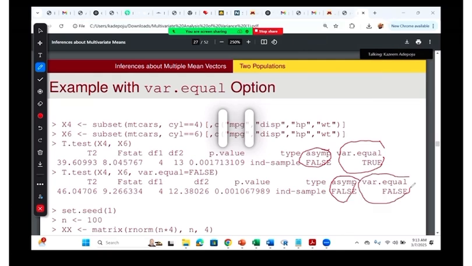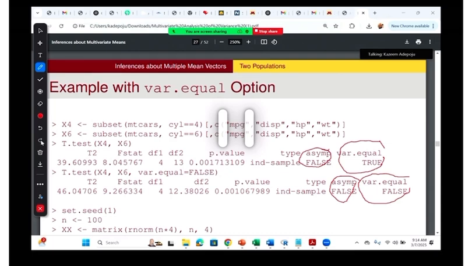This one is not for large sample. That is why you see asymptotic false. When asymptotic is false, it means we're talking about finite or small samples. But in this one, we're assuming equality of covariances. That's why you see variance equal true. Does that make sense?